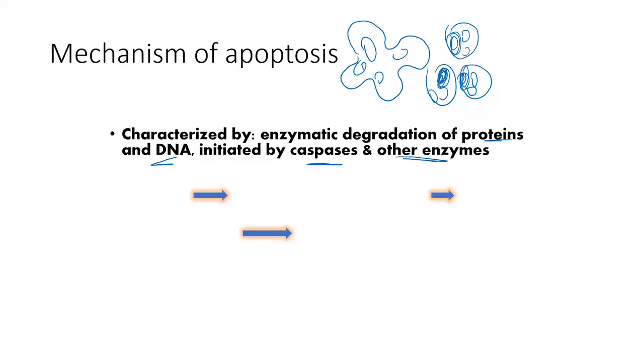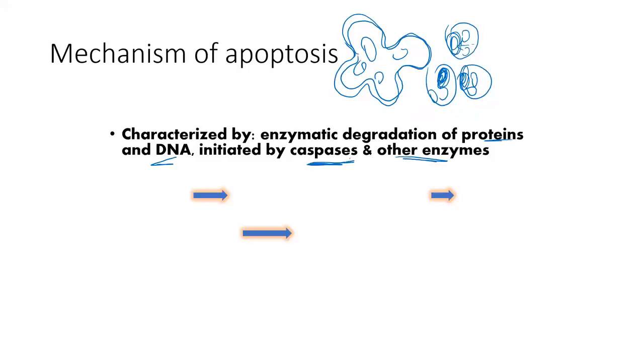This needs degradation of the proteins and DNA. We need to degrade the DNA present in the nucleus, and we need to degrade the cytoskeletal proteins to allow these convolutions to occur. This degradation of proteins and DNA is initiated by caspases and other enzymes.